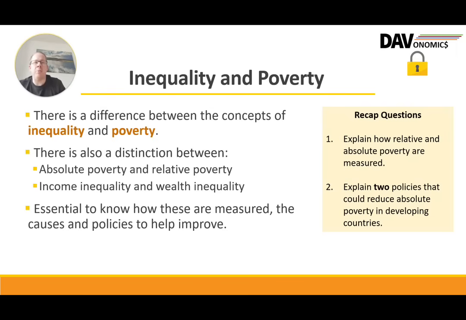Key thing is poverty is about the bottom end of the income distribution, but inequality is both. So it's slightly different. They are related, obviously, but it's important if you get a question on inequality and poverty, you make sure you talk about the right one. And the same with income and wealth inequality, knowing that distinction, and therefore the causes are slightly different but can overlap, and the policies to change them could be slightly different as well.